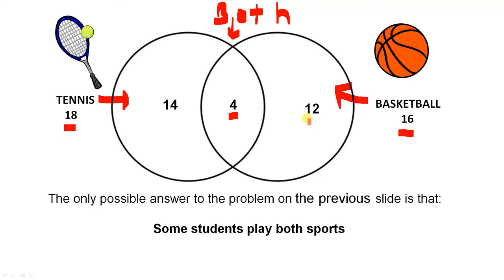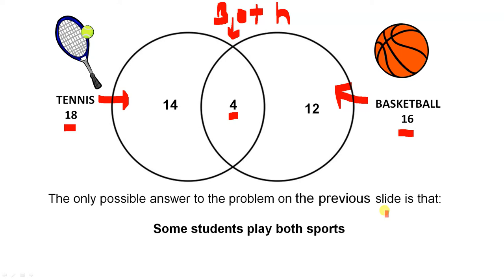That is, 12 students only play basketball. But 12 plus 4 is 16. So if you add 14, the students who play tennis only, 4, the students who play both sports, and 12, the students who play basketball only, you get 30.